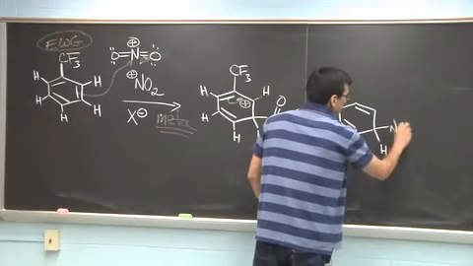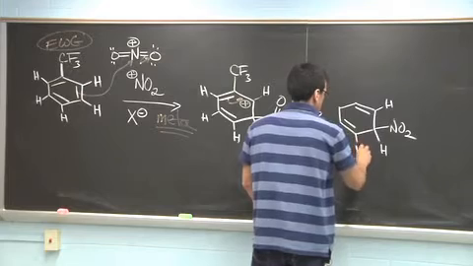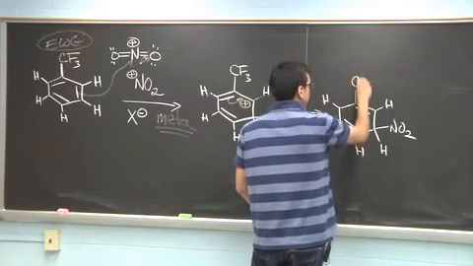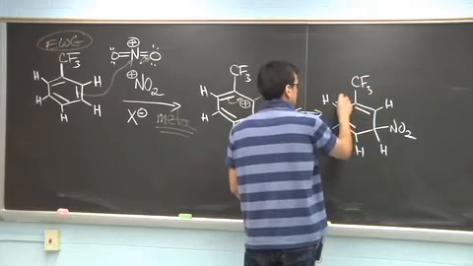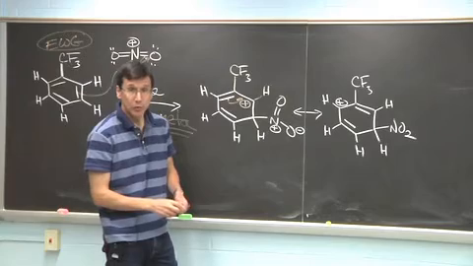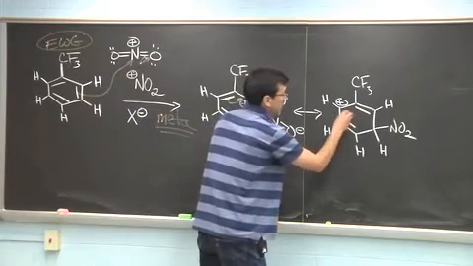I'll just abbreviate this NO2 group as NO2, like that. CF3 here. Positive charge moves to that carbon. And then one more resonance structure. Here we go.